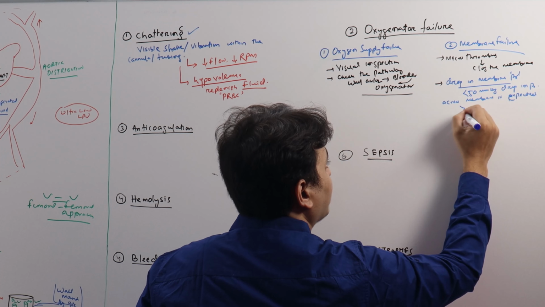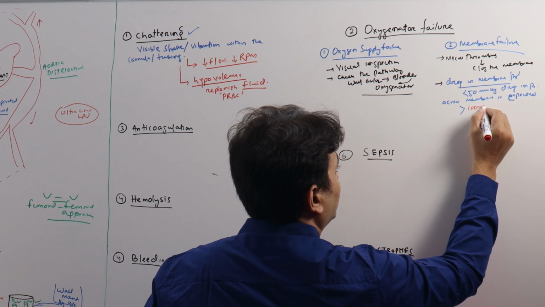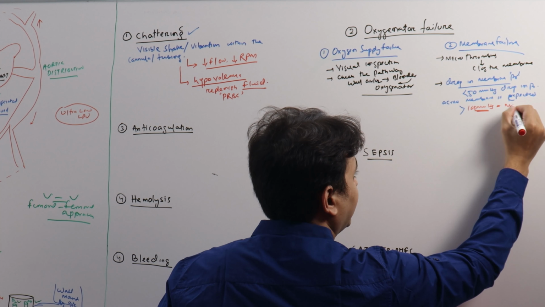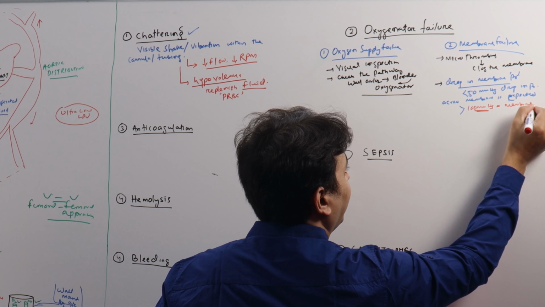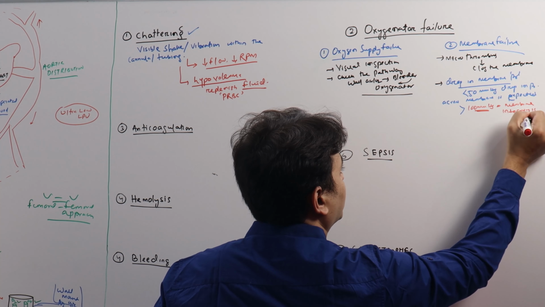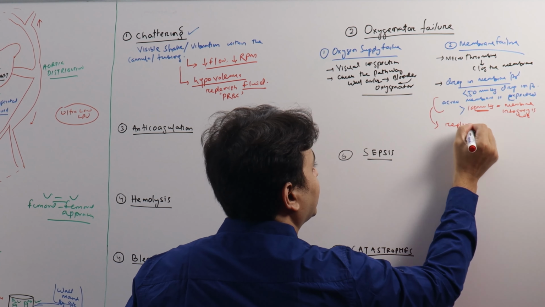Right? If it is more than 100 millimeters of Hg, then you must be very suspicious. That is a problem. The membrane integrity is lost. So you have to replace the membrane, right?